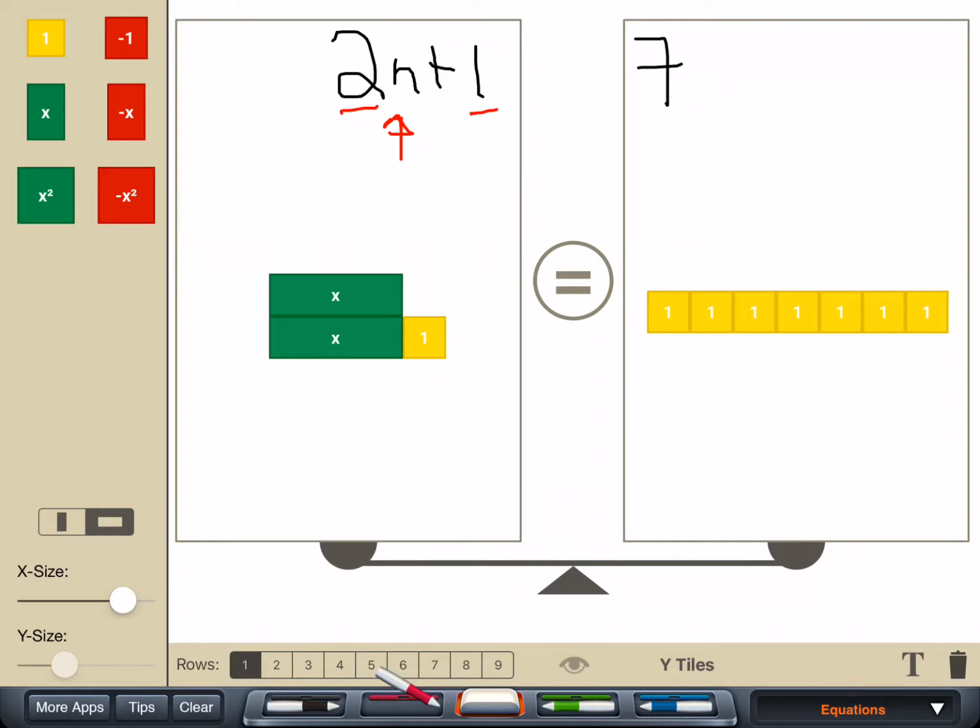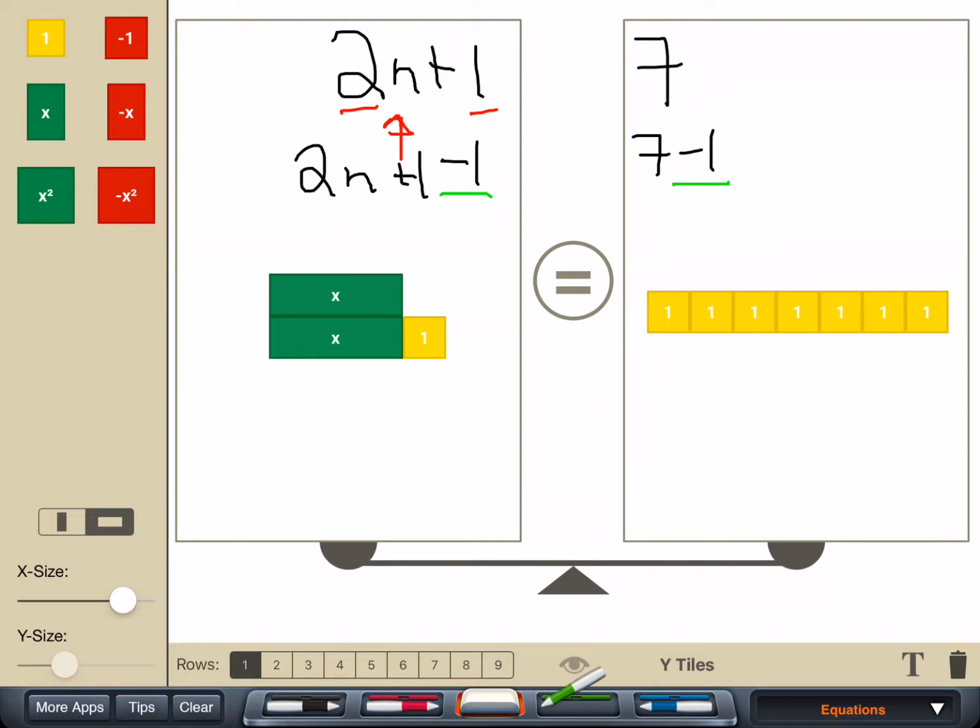Okay? So if I'm adding 1 here, I need to take 1 away. So in the next step of my solution, I'm going to say 2n plus 1 minus 1. I'm going to take the 1 away. And before I forget, I'm going to go over here to the other side, and I'm going to say 7 minus 1, okay? To show that what I did on the left side, I did on the right side.